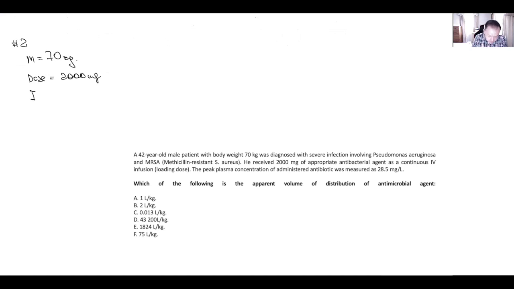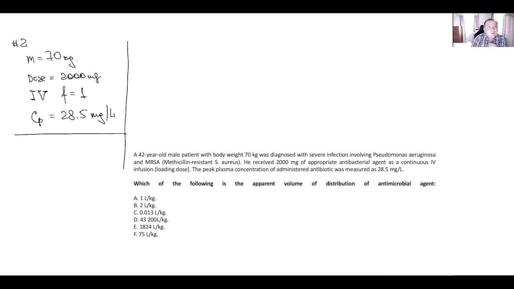You see, we have an IV loading dose, and as we have an IV infusion, we can say that bioavailability is 1. And the peak plasma concentration is reported to be 28.5 milligrams per liter. And the question is asking, what is the volume of distribution?